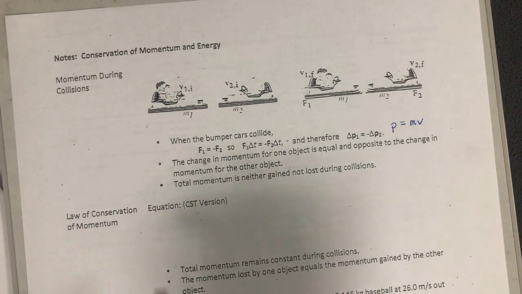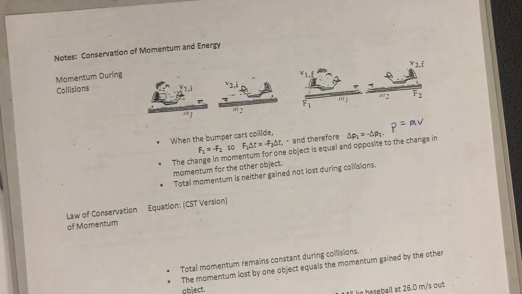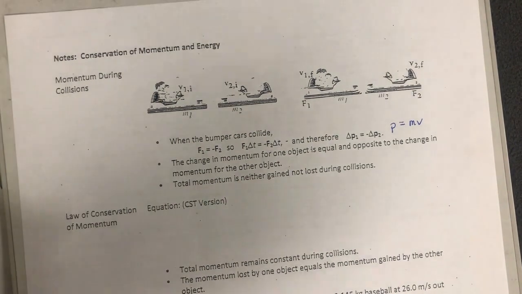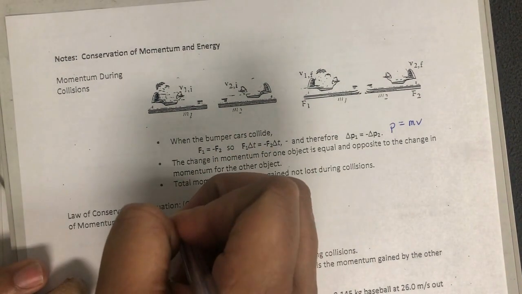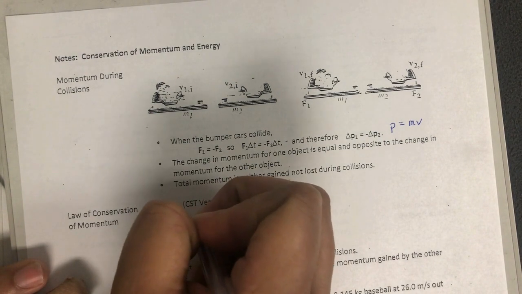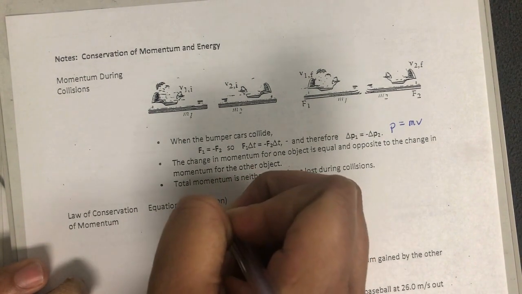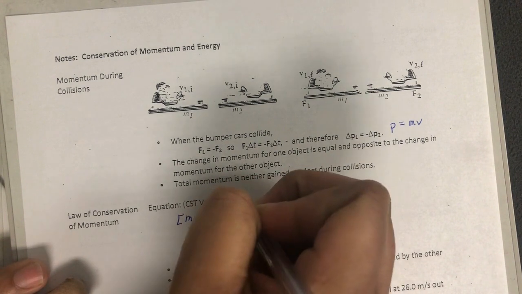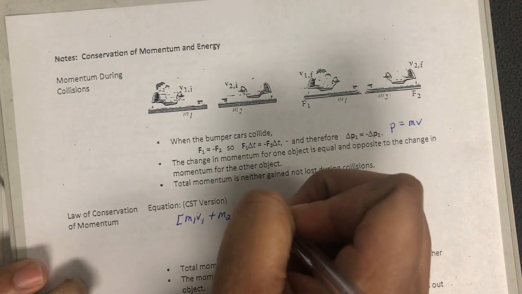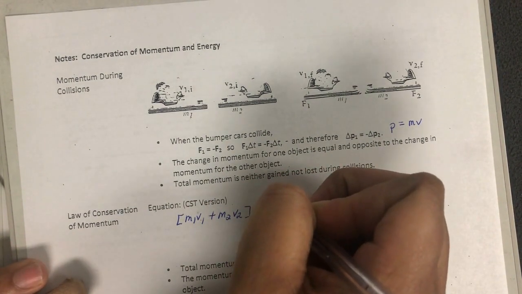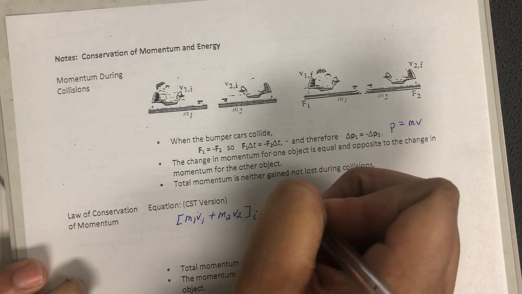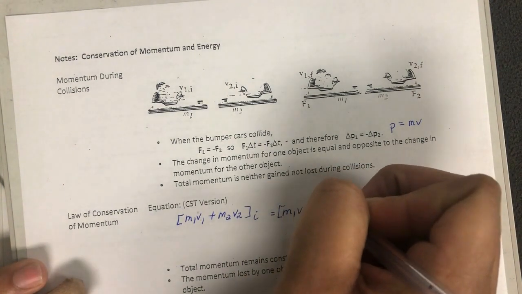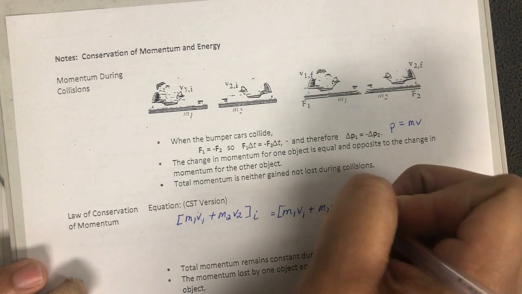All right, so the law of conservation of momentum, as far as the equation that you have from the reference sheet that I gave you, I'm going to write it down as it is on the sheet that you have. Looks like this. It's M1 V1 plus M2 V2 initial equals M1 V1 plus M2 V2 final.